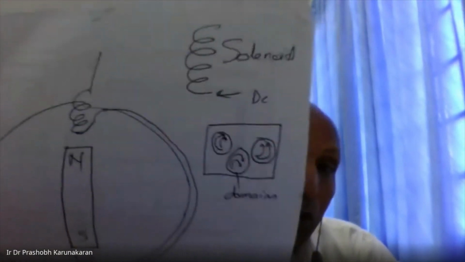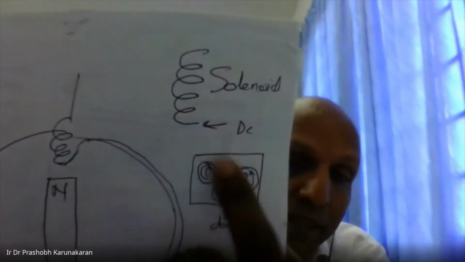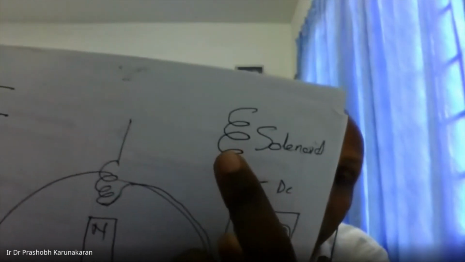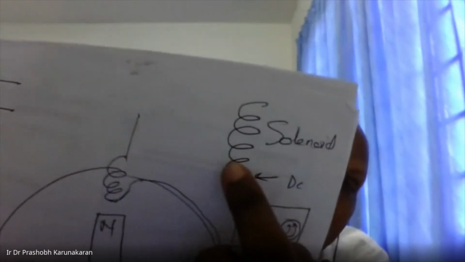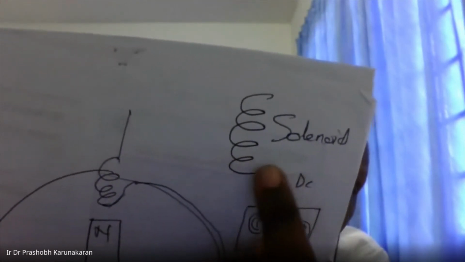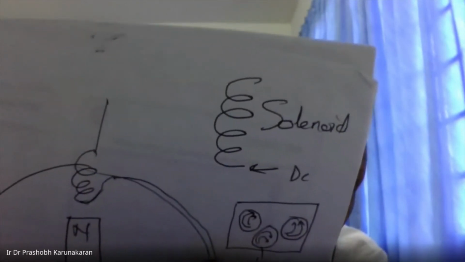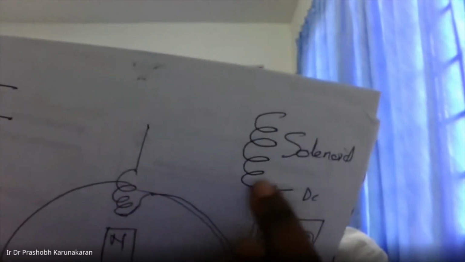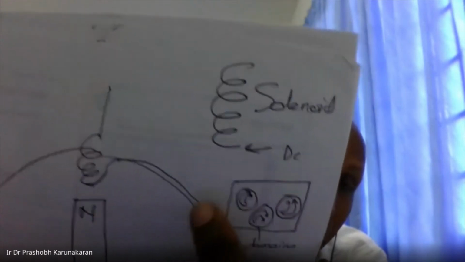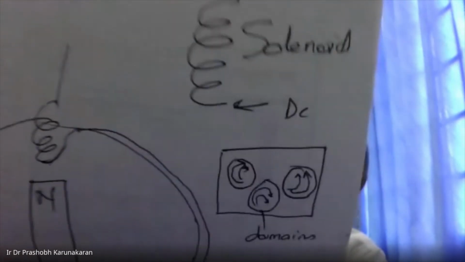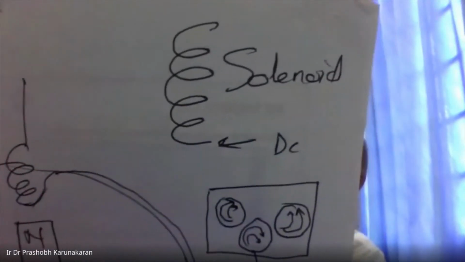So to replace this whole system, you can use a coil where you send current inside. It's also electrons turning in one direction. As long as electrons turn in one direction, it becomes a magnet. That's why a magnet and a solenoid are the same thing.